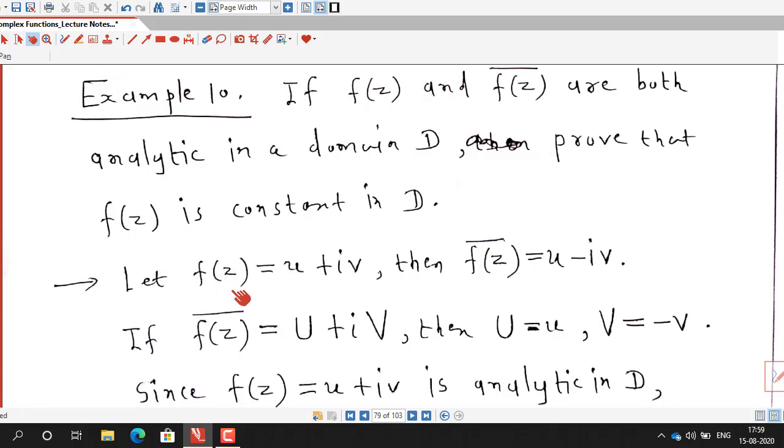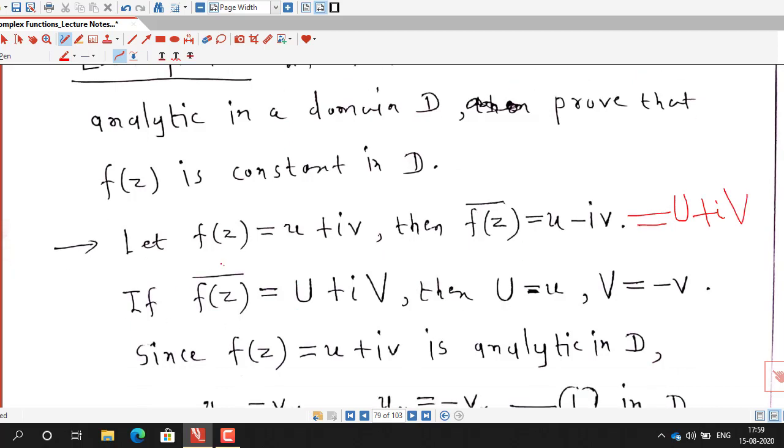So we assume that f of z is u plus iv. By the definition of conjugate, f of z bar is u minus iv. Now we assume that this is equal to capital U plus i capital V. If f of z conjugate is capital U plus i capital V, then if you compare this, you will get capital U equal to small u and capital V equal to minus small v.